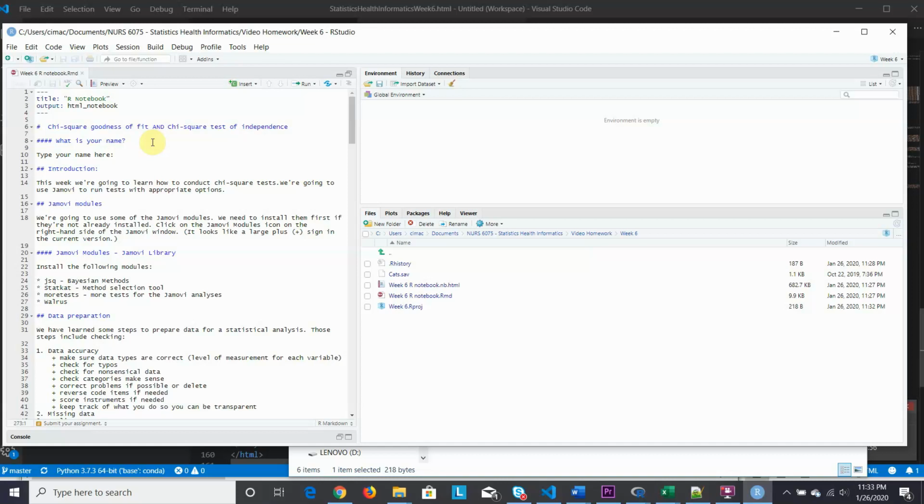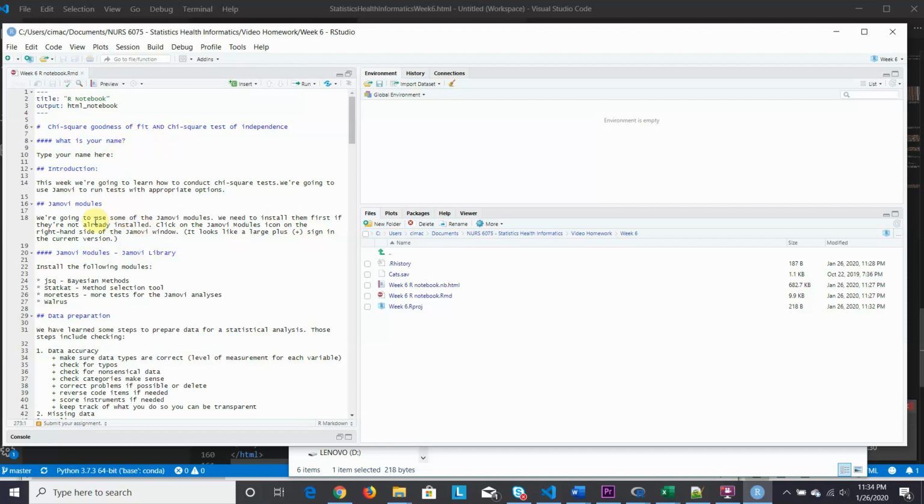The chi-square test of independence specifically gets used quite a bit because these tests are good for looking at categorical data, and there's often a good bit of that. So I wanted you to do this test this week so you could see how it's done and how it's interpreted. So just go through each step of this week's assignment.